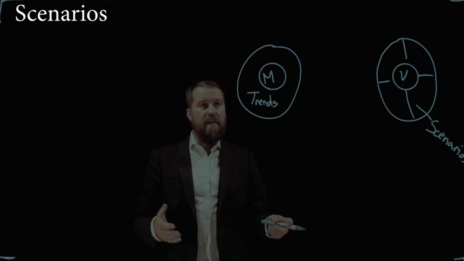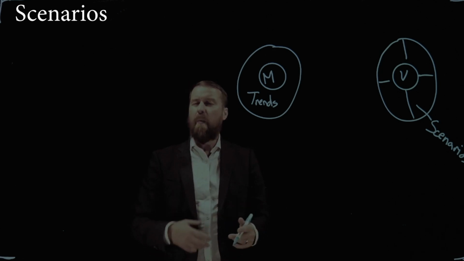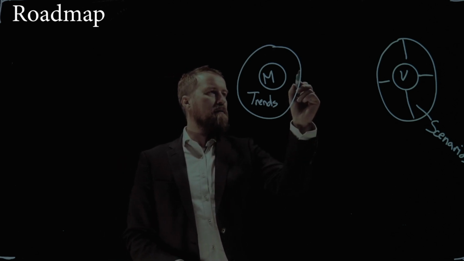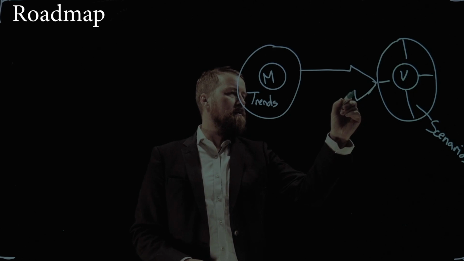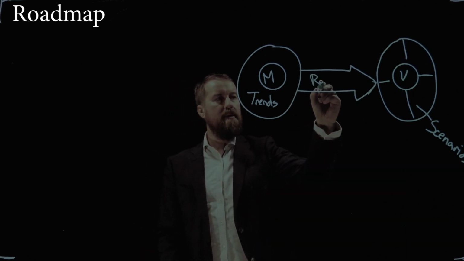This is all nice and fine, but we have some trends, we have some scenarios. How do we get there? We want to be as practical as possible, and therefore we try to make a small ugly arrow here. We create a roadmap.